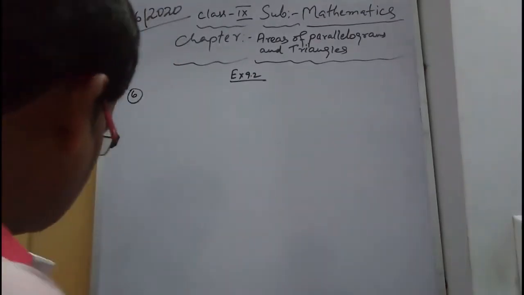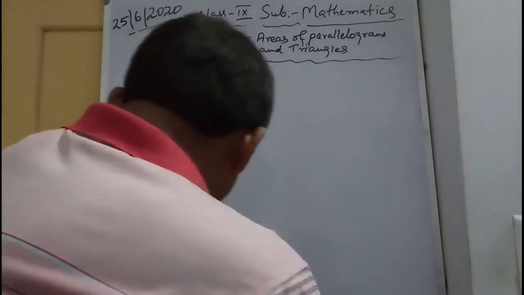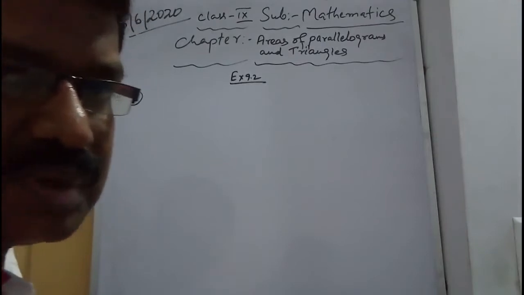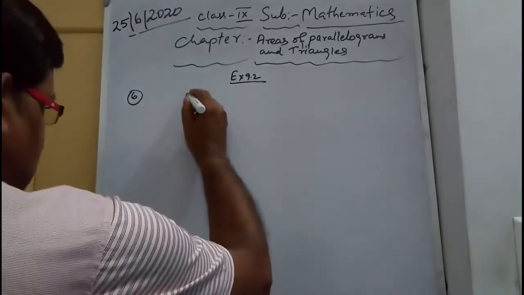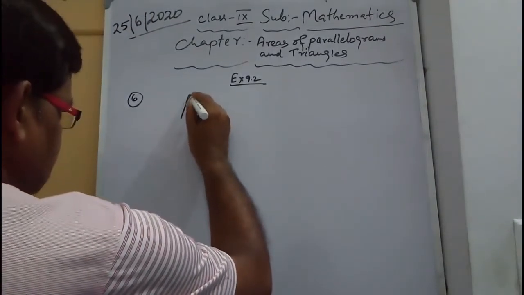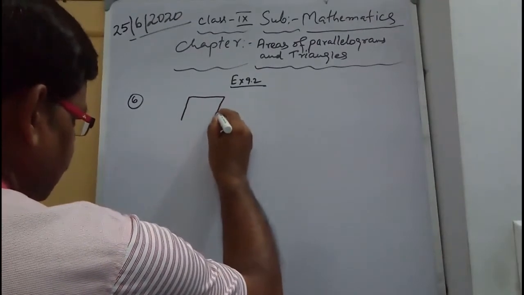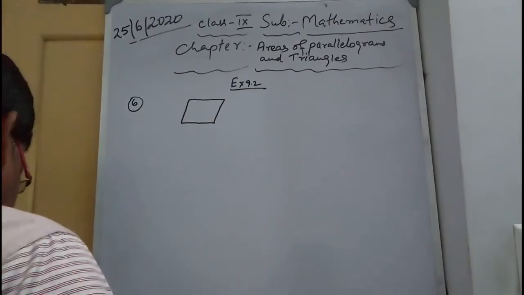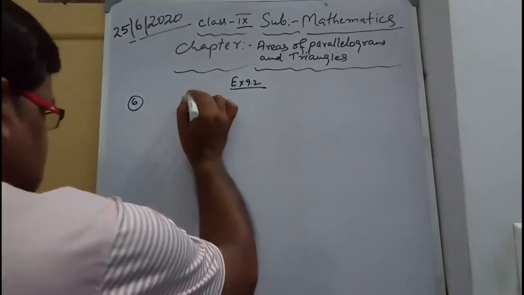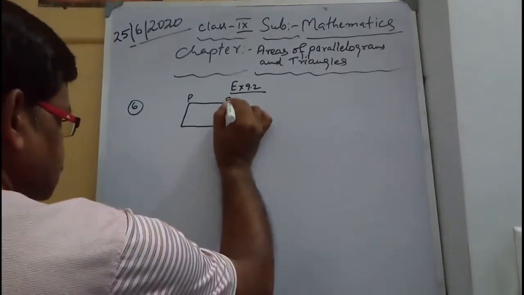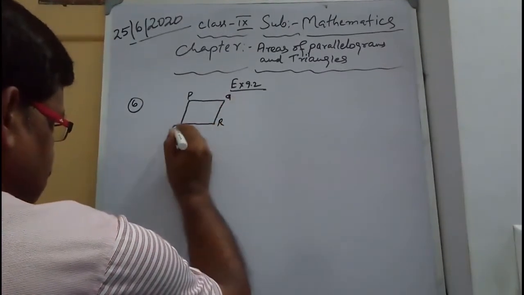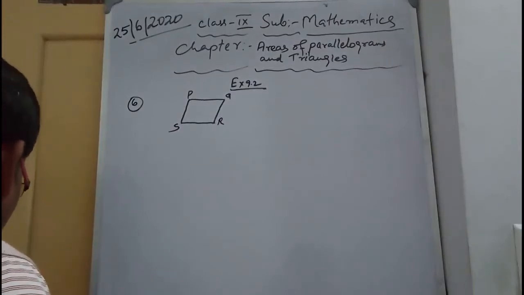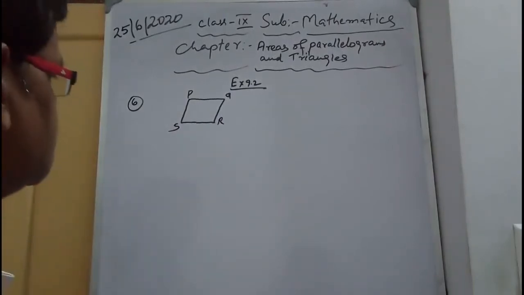So first you go to the figure. The farmer having a field, a shape of parallelogram. First we draw a parallelogram PQRS, where she took a point A on RS.